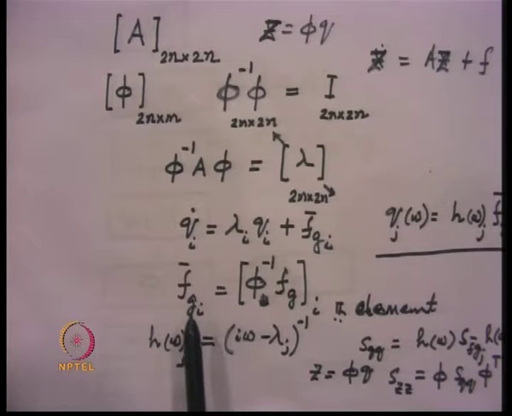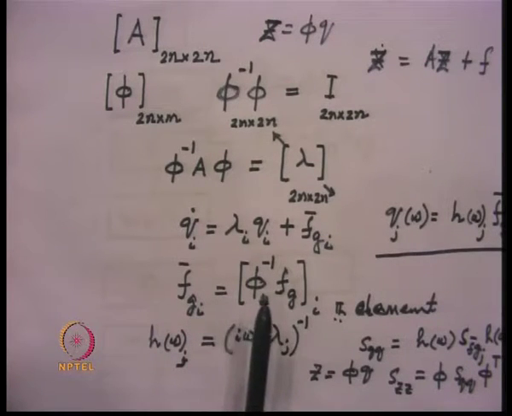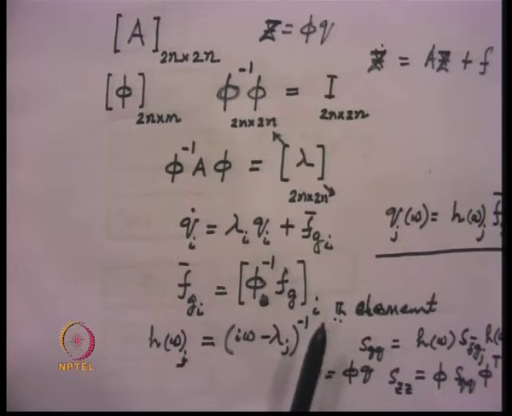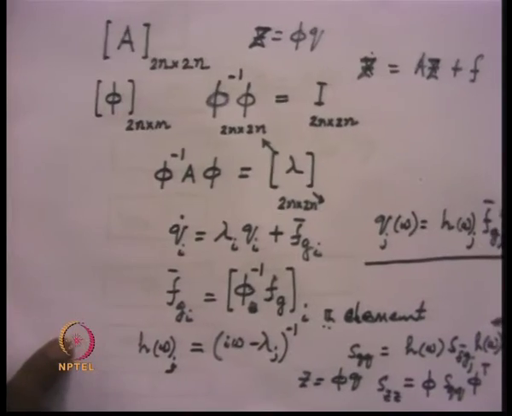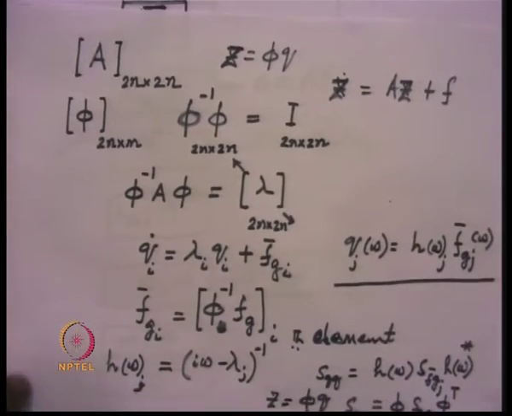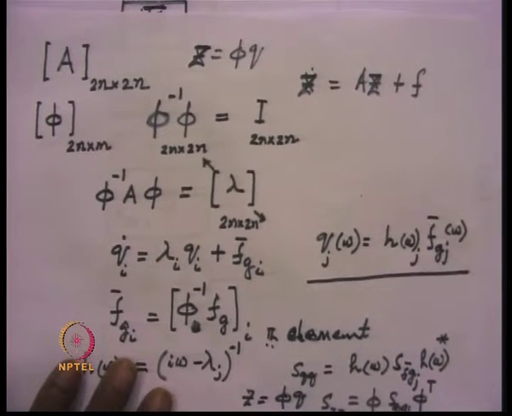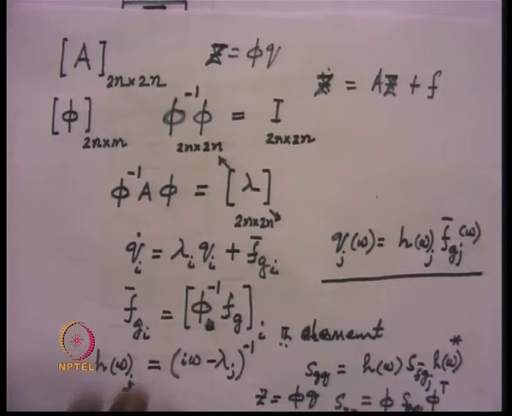So, f bar gi is obtained like this, phi inverse f g, and the ith element of that is f bar gi. And once we have this relationship, that is f bar g is equal to phi inverse f g, then one can find out the power spectral density function of f bar g simply by finding out SFG and pre-multiplying it by phi inverse, and then post multiplying it by phi inverse t.